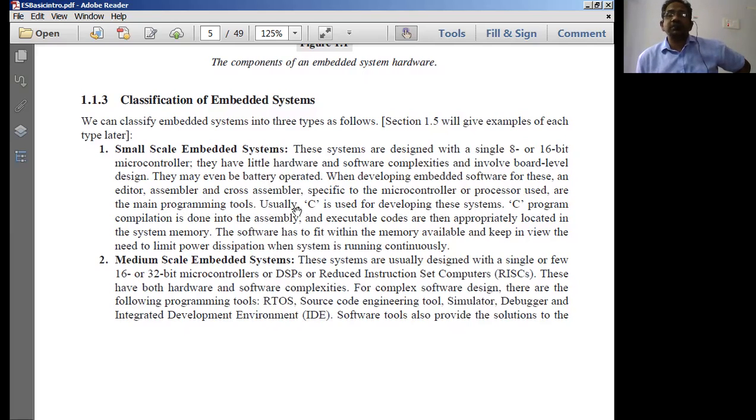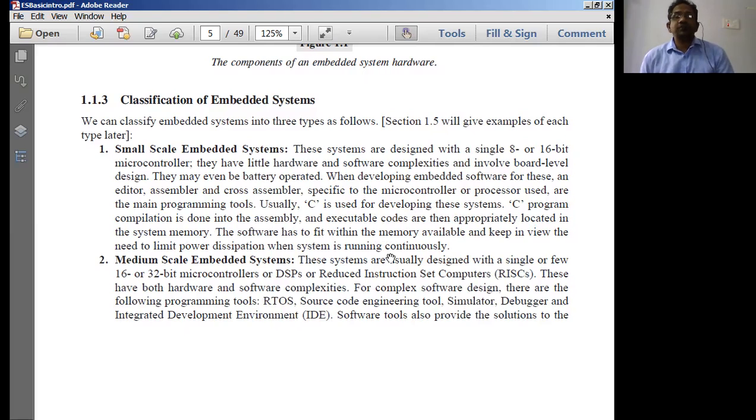Then usually the C language, called embedded C, is used for developing these systems. The embedded C program is compiled into assembly, and executable files are then appropriately located in the system memory. Once we develop software using embedded C, we simply burn these executable codes into the system memory for their execution.